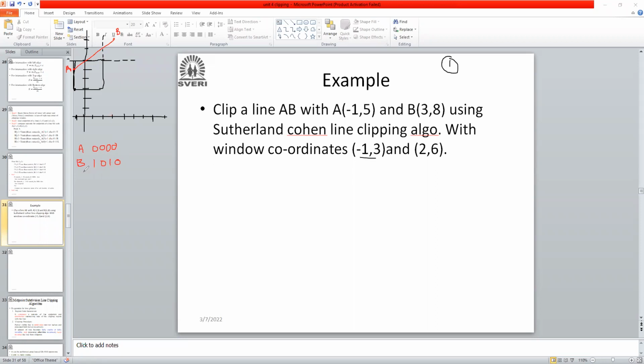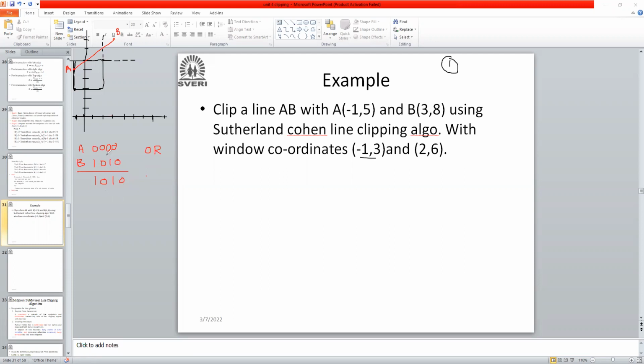Now, according to step number 1, we are going to perform the OR operation between these two. So what is the result of the OR operation? The element has value 1, and that's why I am getting the result as 1010. So as the result is non-zero, the line is either partially visible or it is totally invisible.